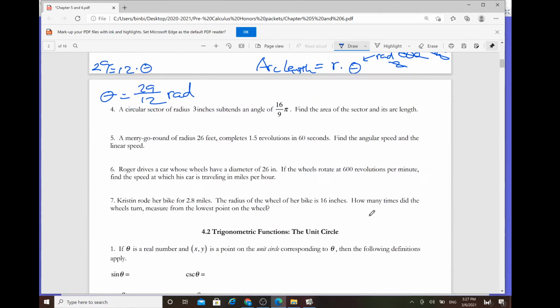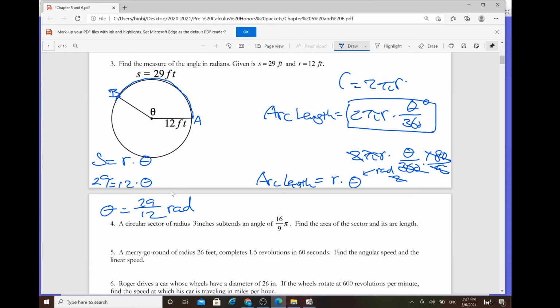And the other one is about the area of a sector. So area of a sector means you want to find the area in between the radii, bounded by the arc. The basic formula to find the area of a sector is pi r squared times theta over 360, if theta is in degrees.